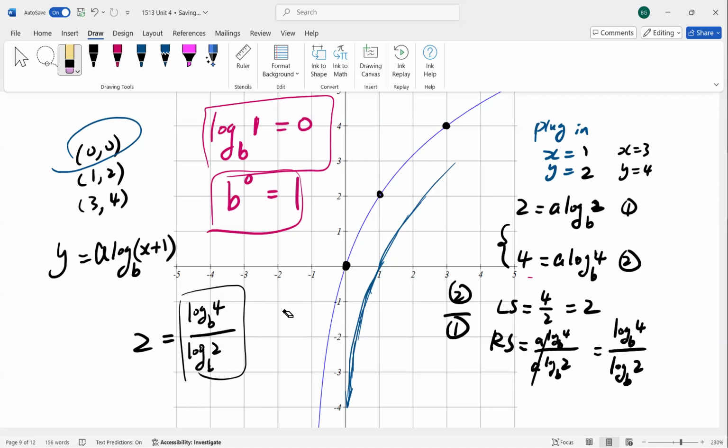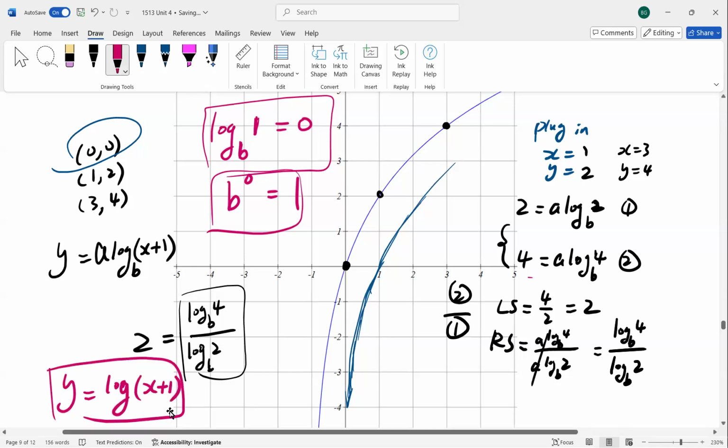I think we can use base 10. Let's try y equals log base 10 of x plus 1. Let's try this. When x equals 0 it is 0.